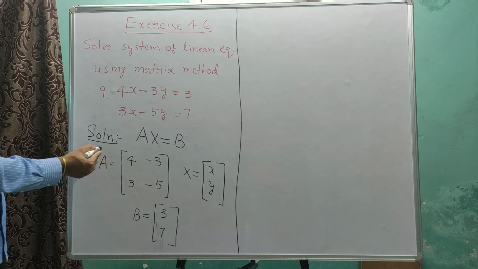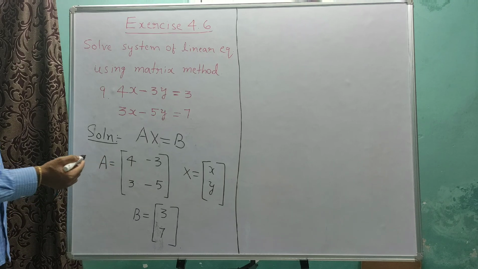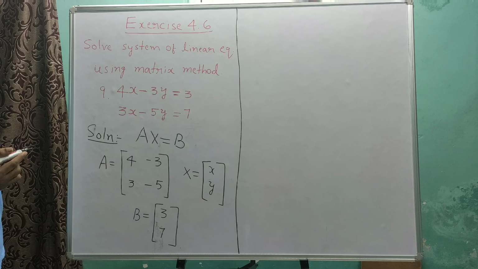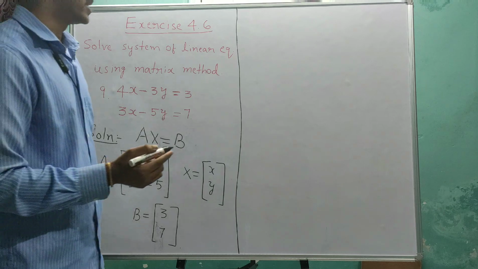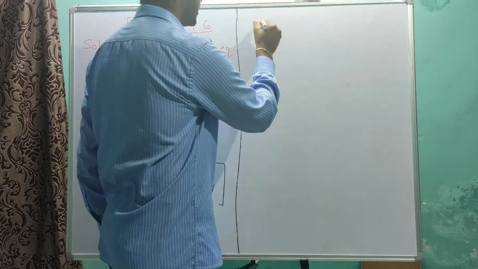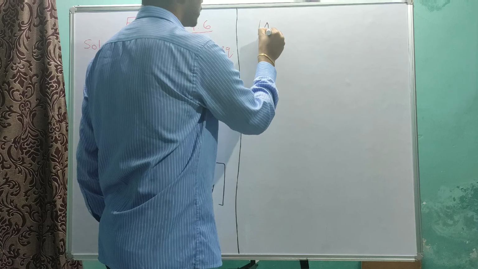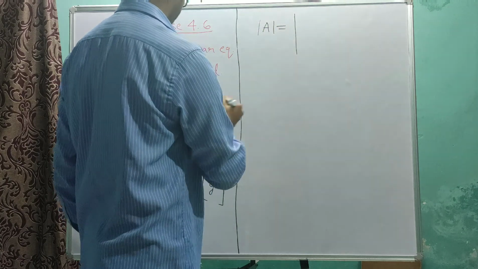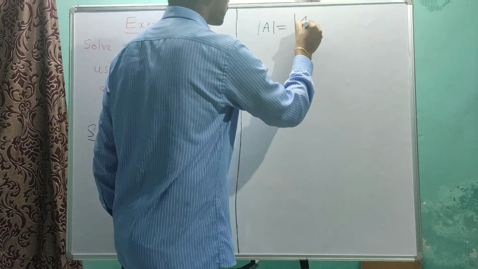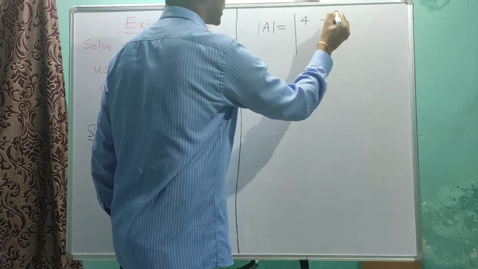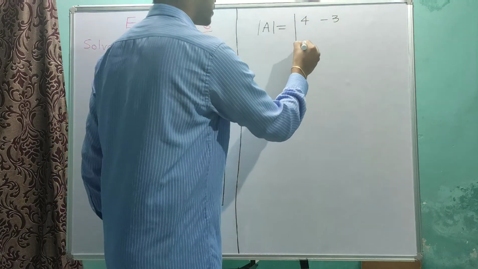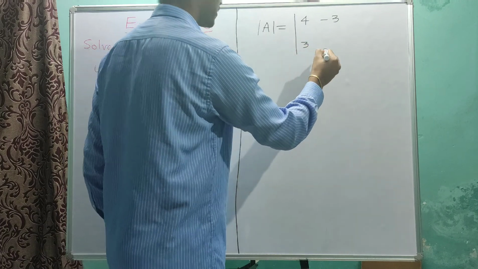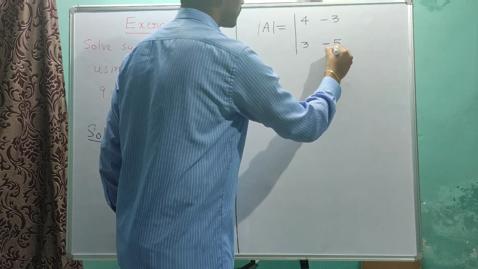Now let us check whether the matrix A is singular or non-singular. So consider the determinant of A. Determinant of A is equal to the determinant of 4, minus 3, 3, minus 5.